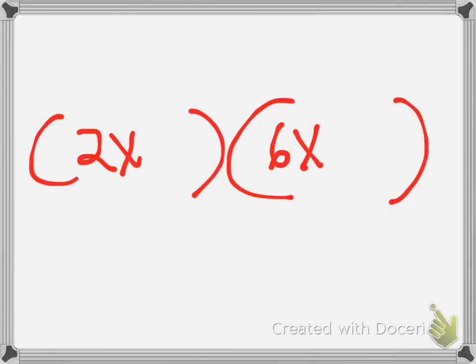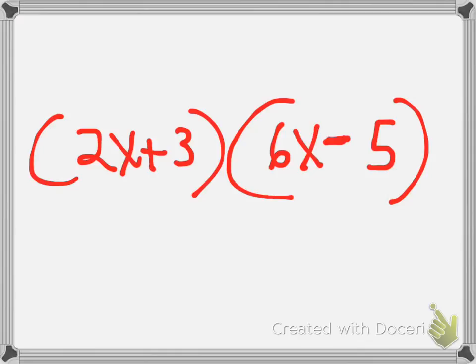Just to make it a little tough. Now we'll write plus, and should I do minus? Actually, yeah, let's do minus. 2x plus 3 and 6x minus 5.